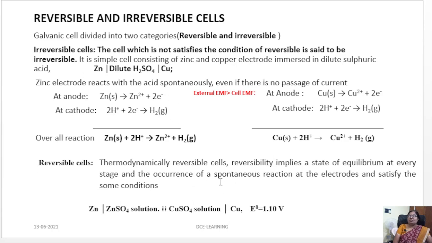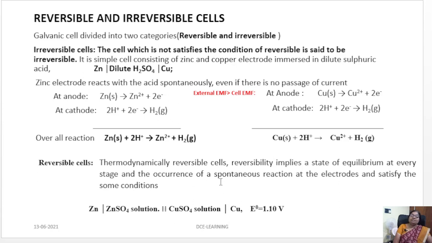Zinc undergoes dissolution, meaning it goes into the aqueous or acid solution, since here we are taking an acid. Likewise copper undergoes dissolution, dissociating into copper 2 plus and electrons. That is the same, and it will be irreversible in nature.